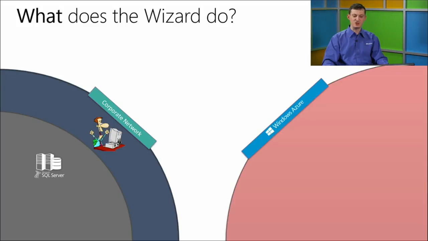The gray zone where your SQL Server resides is your data center, where you don't want to have any direct internet connectivity, and we don't want you to change that. So we will be running that wizard on your management workstation, because this is where you're running your SQL Server Management Studio from. And the first thing we need to do is get access to Windows Azure, which is shown on the right side.